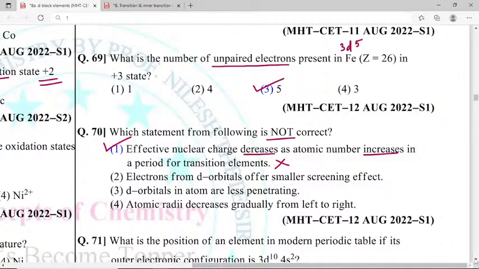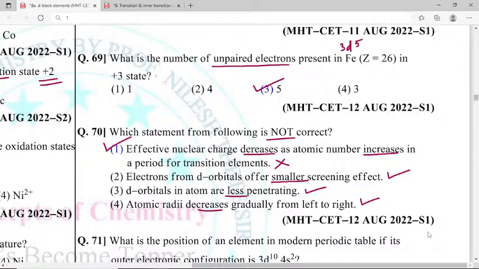Electron from d orbital offers smaller screening effect. Yes, it shows poor screening effect. D orbitals in atom are less penetrating. Yes. Atomic radii decrease gradually from left to right. Yes, it is correct.